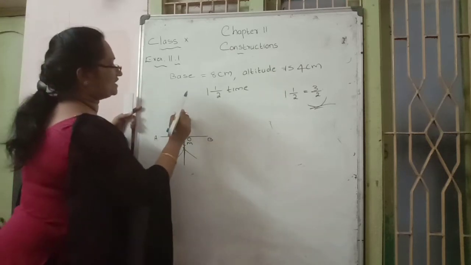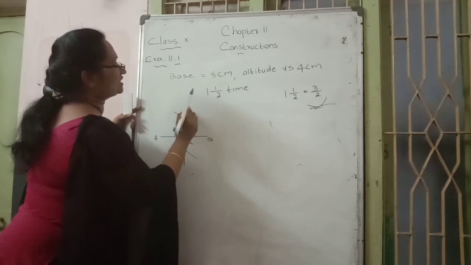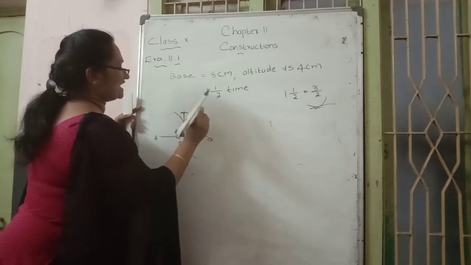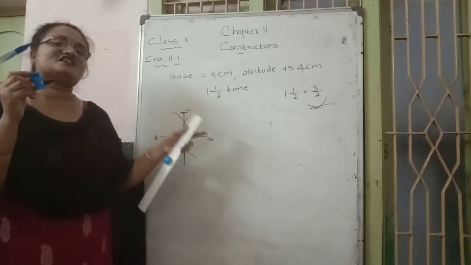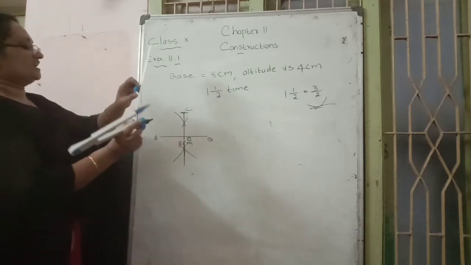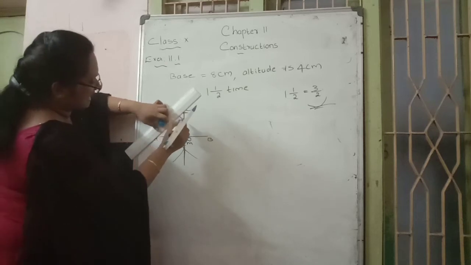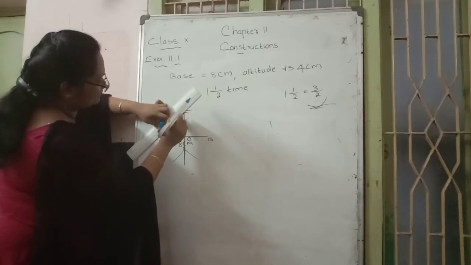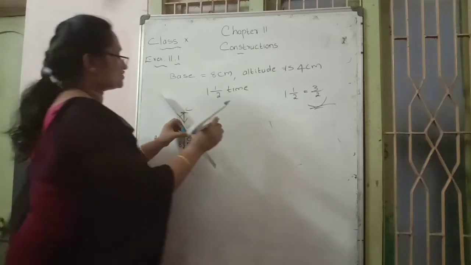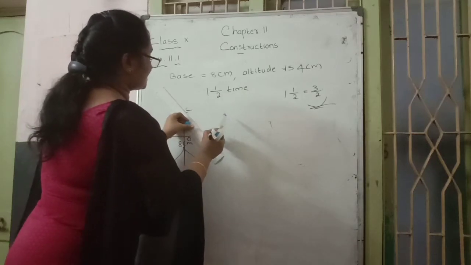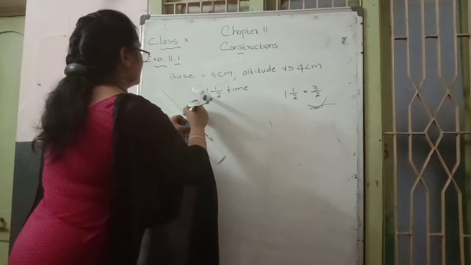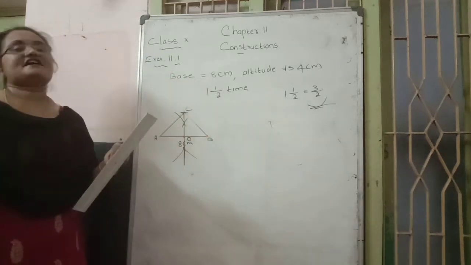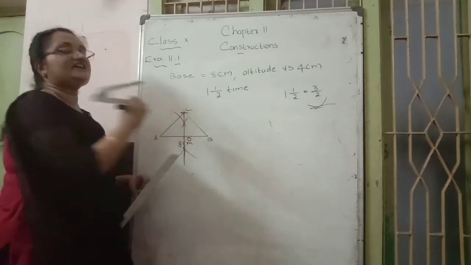At the cutting point of this perpendicular and arc, mark your required alphabet as C. A and B are done, which one is remaining? C. Then join A to C and C to B. Then you get the isosceles triangle. Remember that the AC distance and BC distance are equal. They are isosceles, these two sides are equal.